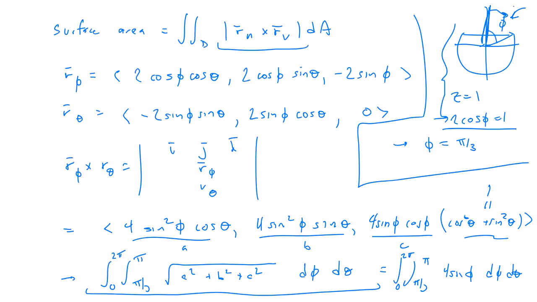Therefore, when we hit pi, we hit the negative z-axis from both sides at the same time. So it sweeps down and hits both of them if I go just to pi. So going from 0 to pi would give the full sphere. 0 to 2 pi will then sweep it around. So the full sphere is always theta from 0 to 2 pi, phi from 0 to pi. And again, phi is measured from the positive z-axis, so we're measuring down from this positive z-axis.